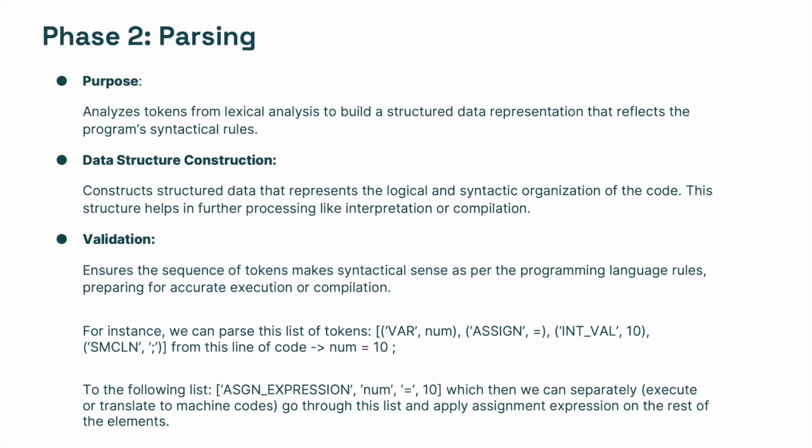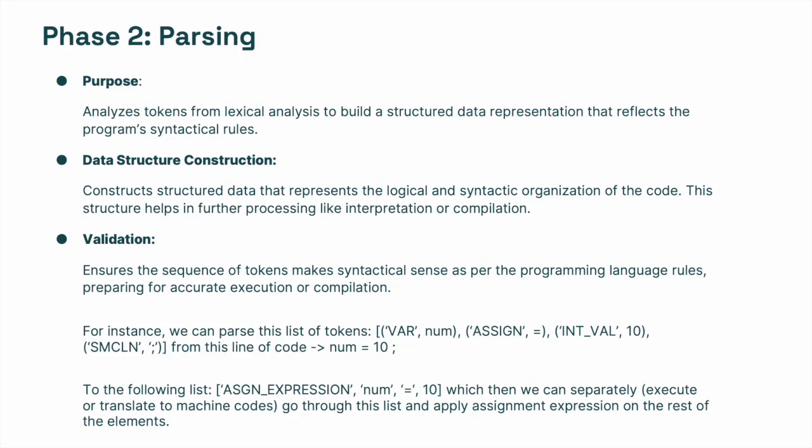Now comes parsing, which is the second phase. Basically, we take those tokens generated by the lexing phase and we arrange them in a way that makes sense according to the rules of whatever programming language we're using. The main goal is to create a structured representation of your code.